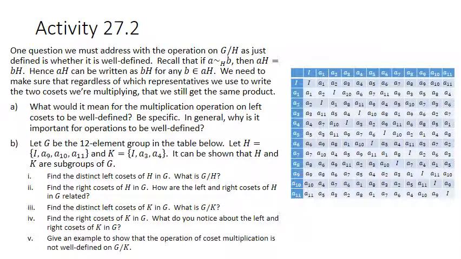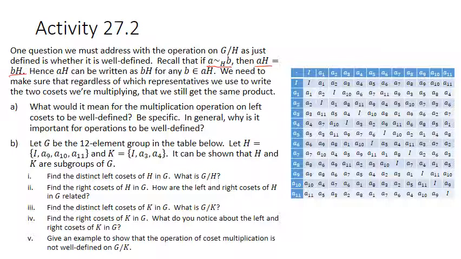Okay, so in this activity, we're going to address the question of whether this operation is actually well-defined or not. You might be expecting from that preview activity that sometimes it is and sometimes it isn't. Recall that when A is related to B with the tilde H relation, that means AH is equal to BH, because those are the equivalence classes of that equivalence relation.